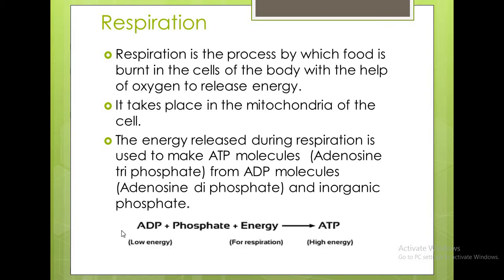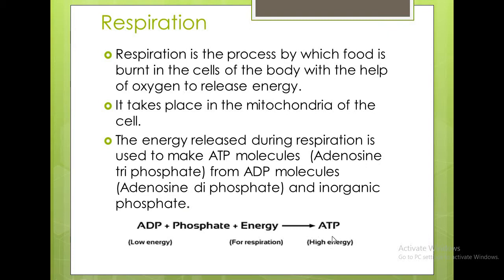This is what is happening. ADP has a very little amount of energy; with the help of a phosphate and some energy, this energy comes from respiration, all they combine to form ATP. This ATP is generated in the mitochondria, right?